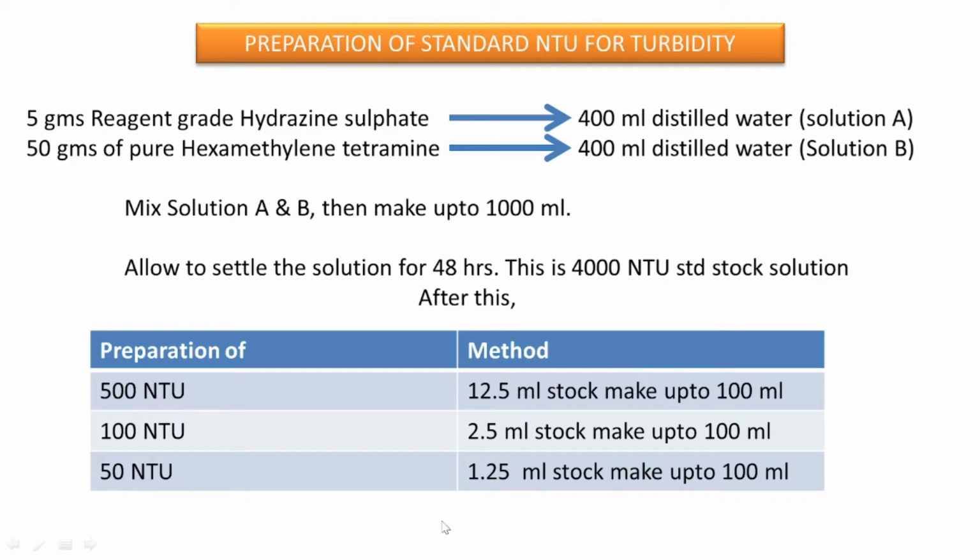Then 50 NTU by taking 1.25 ml stock solution and making up to 100 ml. In this way, we are preparing the different NTUs for turbidity.